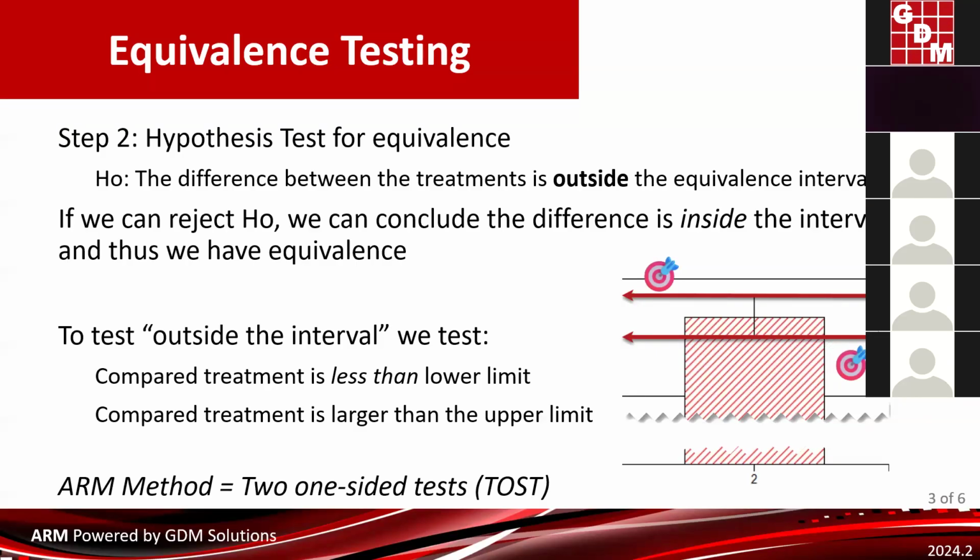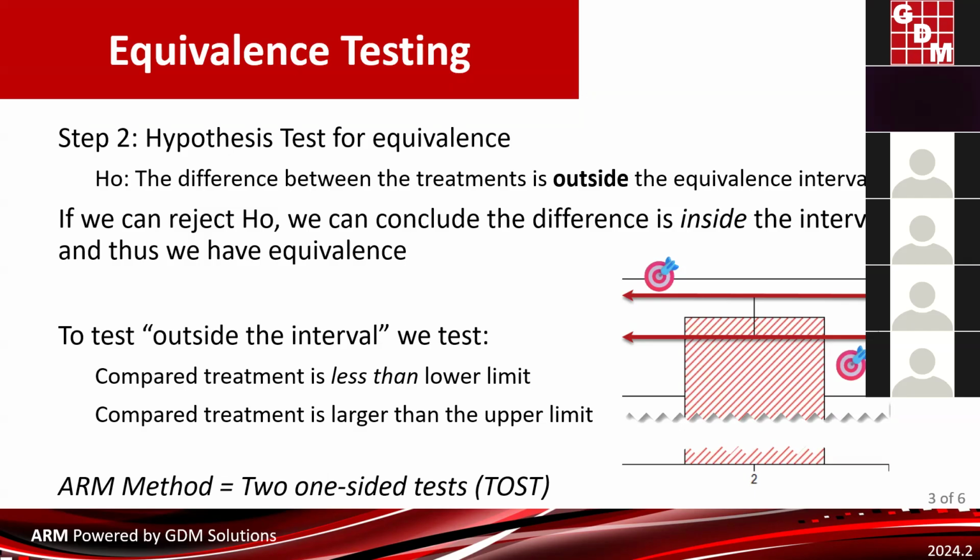So then the statistics within that, once you've defined those bounds, is we can run a hypothesis test. And so your null hypothesis would be that the difference between those two treatments is outside of our interval. And the reason for that is we're hoping to reject that null hypothesis, which would allow us to conclude the difference is inside that interval, which would give us equivalence.